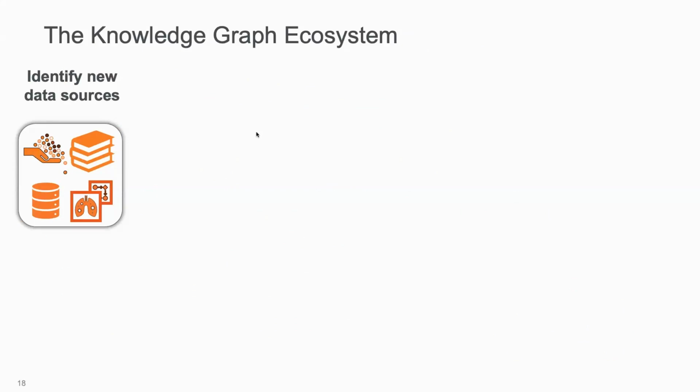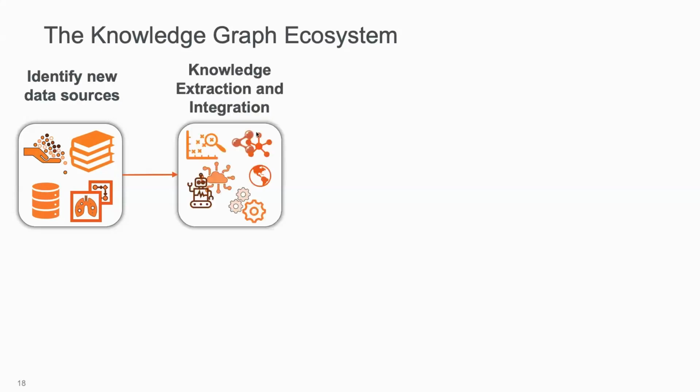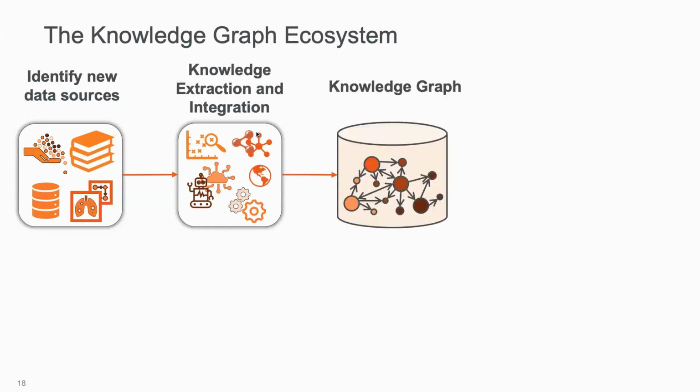And this can also be knowledge that is extracted from images. You can have a lot of different knowledge extraction and integration methods: machine learning methods, natural language processing methods, deep learning methods, as well as extract, transform, load, or ETL pipelines that extract new knowledge from all those different sources and store it in a knowledge graph.